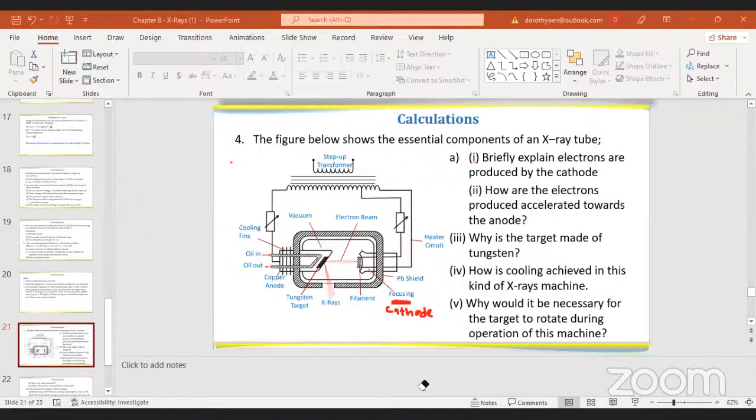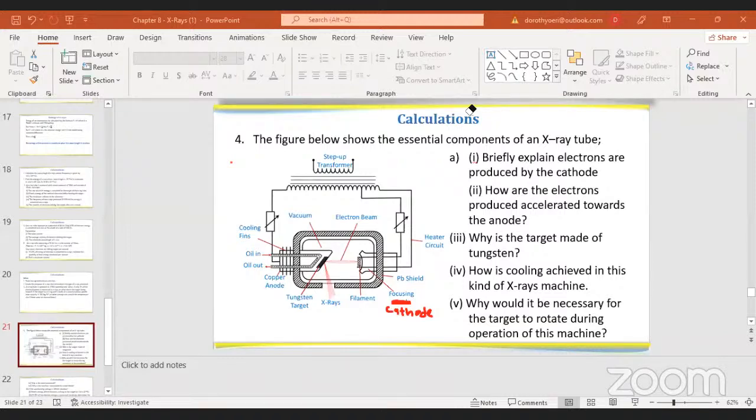No. The target is made of tungsten because tungsten has a high melting point. As I explained earlier, remember the heat energy is 99.5%. So that heat energy needs to be dissipated. That is why the tungsten must be a metal of high melting point.